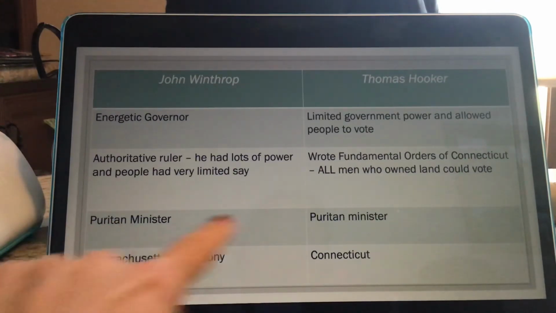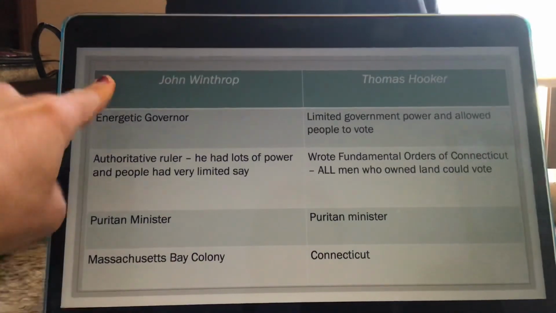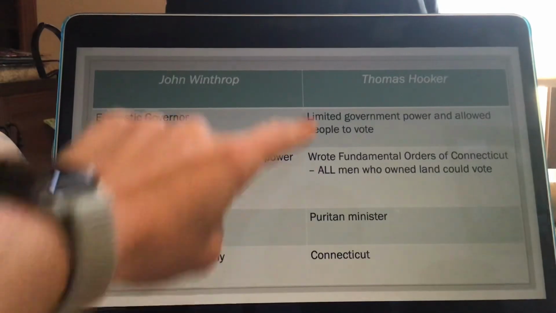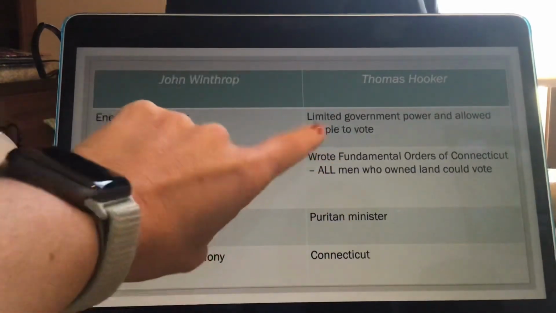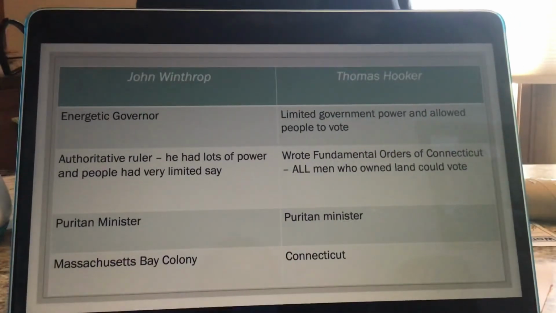Here you'll see they were both Puritan ministers, and then you have the Massachusetts Bay Colony, which John Winthrop was the founder of, and Thomas Hooker was the Connecticut one. All right, and let's go back up here because these are some important things about Thomas Hooker. He limited government power, so he himself didn't have a lot of power, but he allowed people to vote.